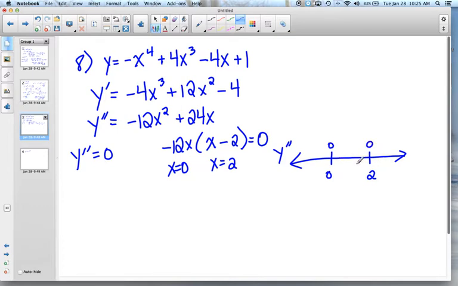So then again, I'm going to substitute points on either side. So if I plug in a negative value here, I'm going to have a positive, and a negative value in here, I'm going to have a negative. So if I have a positive times a negative, I'm going to get a negative value. If I plug in a positive 1, I have a negative times a negative, so that's going to be positive.